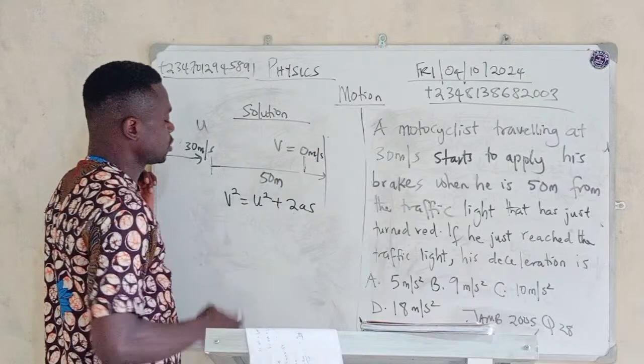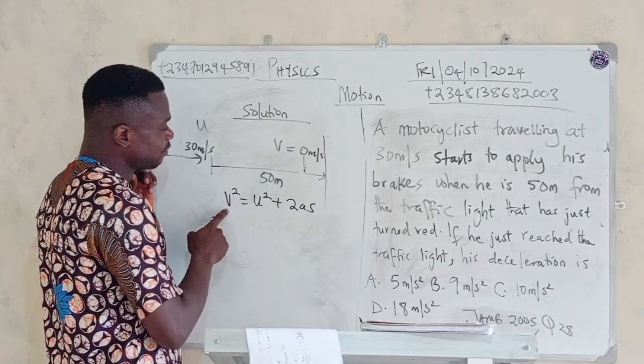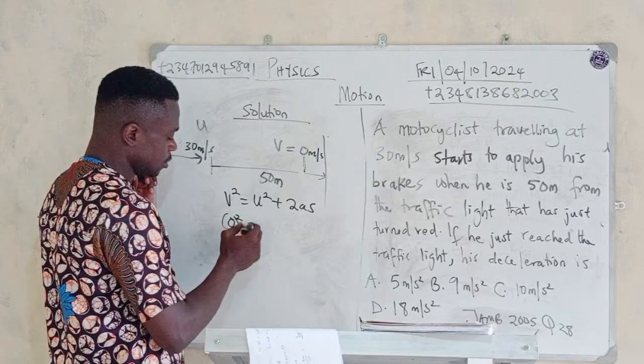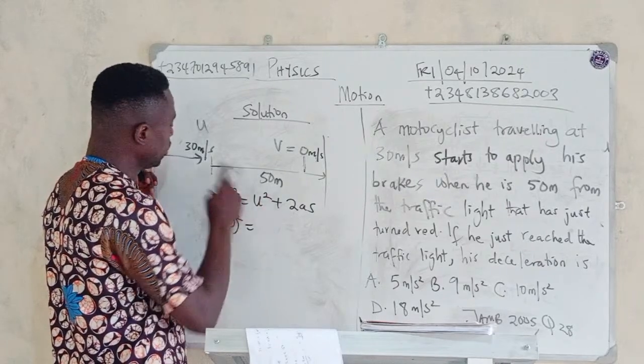But let's just substitute all the values. v is the final speed, which is 0. So here is 0 squared, is equal to u, which is 30 meters per second.